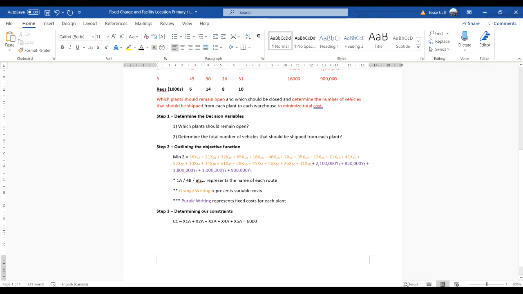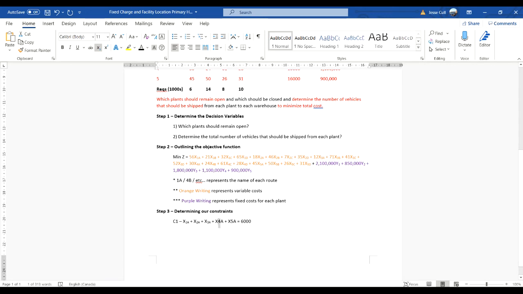And what this represents is all of the shipments total from each of the 5 plants must equal 6,000. If it doesn't equal 6,000, demand has not been satisfied.